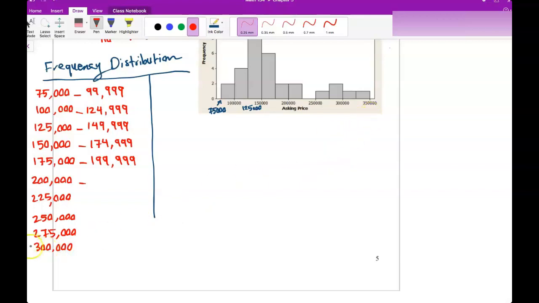And that is up to, okay, here we have 325,000. This is 224,999. 249,999.